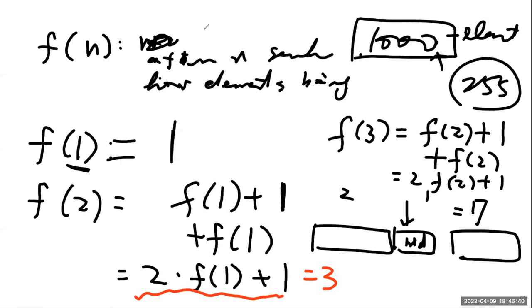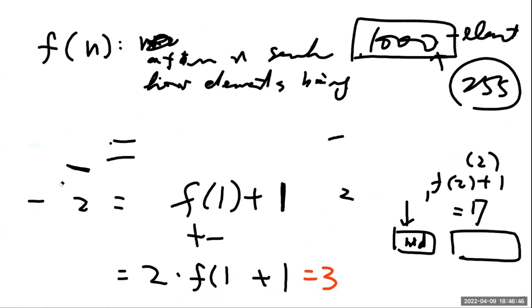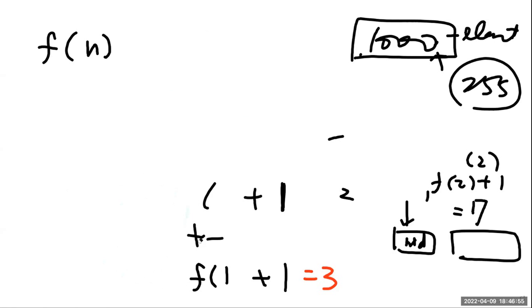Now we've got a conclusion, and it is very clear. The number of elements that you can search for is the function F we have here. This is the conclusion, very important.